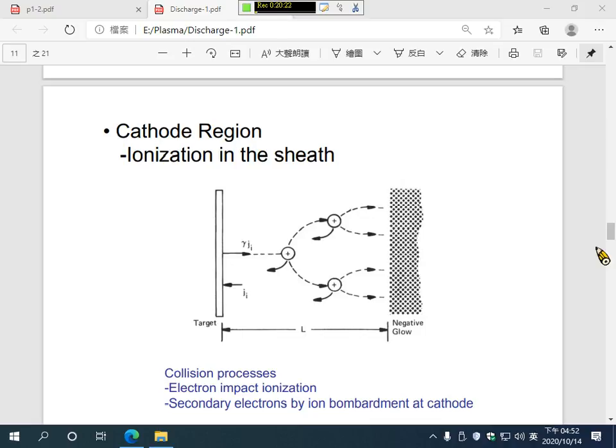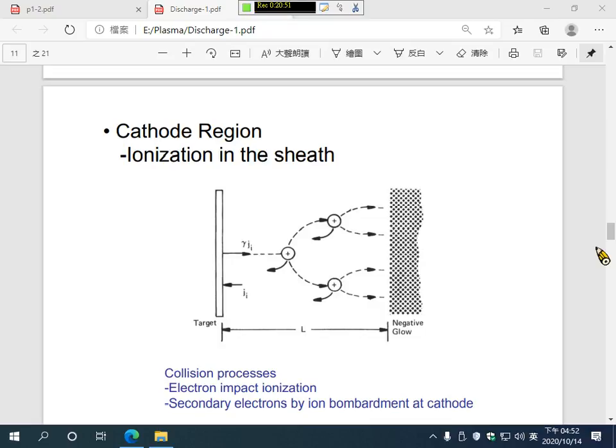This arrow shows the direction of the electron after the electron impact ionization. So after the electron impact ionization, one can get a pair of electron and ion.